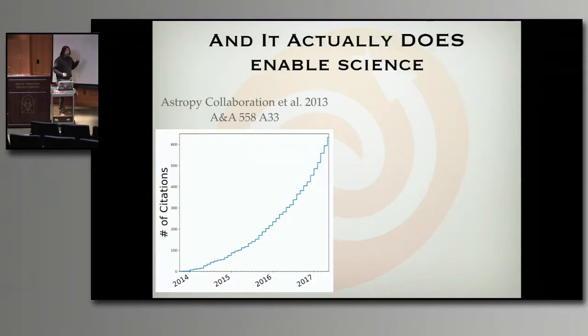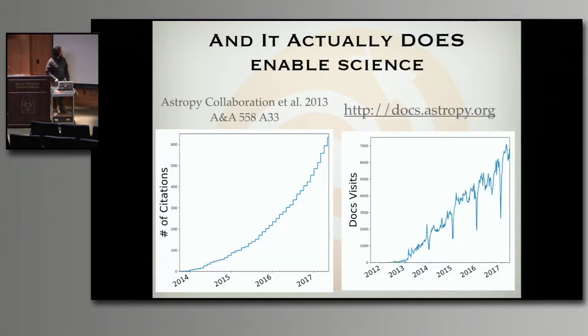So you might wonder, how does this work? Well, let's not worry about how it works, because I just told you, instead focus on the fact that it does work, right? Science is enabled by software developed using this process, right? There are many citations to the AstroPy paper, and although software citation is sort of a serious problem because people tend to undercite the concept of software, a better metric is this one: how often people look at the documentation, and that continues to rise at sort of something approximating an exponential rate, depending on the way you look at this.